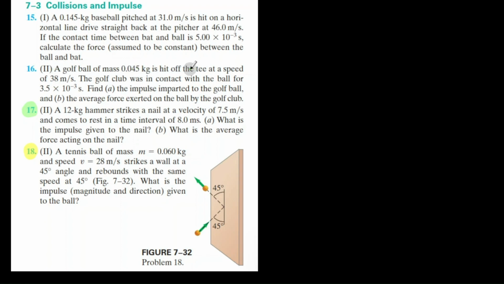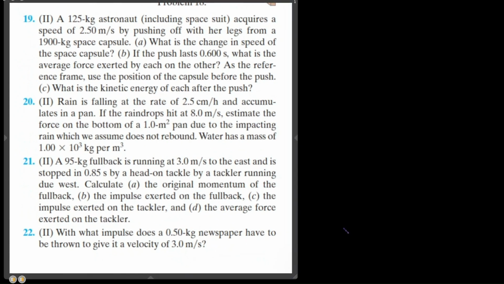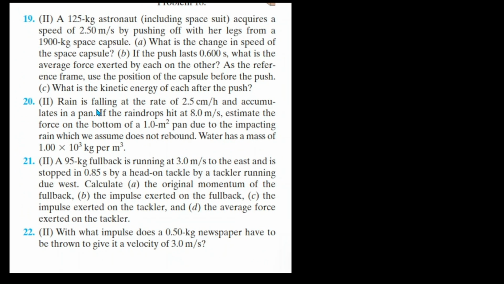A golf ball hit off the tee. Another question: a person acquires speed by pushing her legs, and what is the change in the speed of the capsule? The rain is falling at a certain rate into a pan; estimate the force at the bottom of the 1 meter square pan due to the impacting rain, which we assume does not rebound.